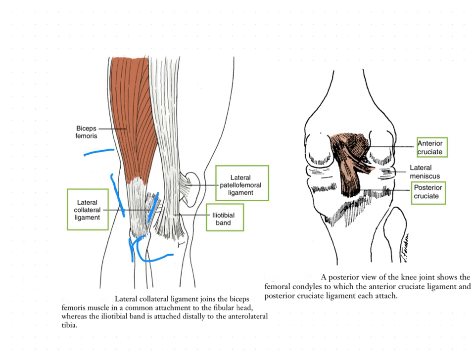So these are all about the collateral ligaments. Now we will move on to the other ligaments except the cruciate ligaments. And you can find the iliotibial band here. This iliotibial band or tract is formed proximally from the fascia of the tensor fascia lata, gluteus maximus and gluteus medius muscles.